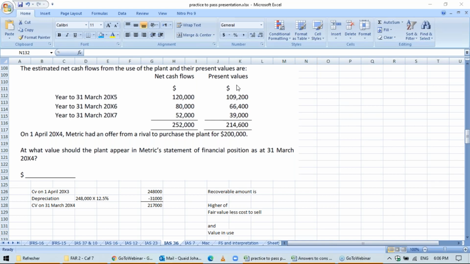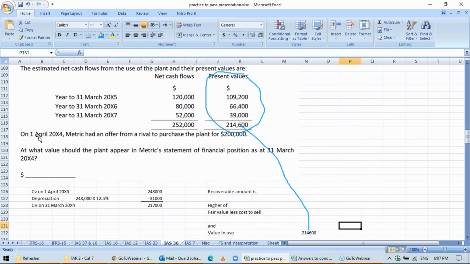See, value in use is the present value of the cash flows that will arise in future by using the asset. So this present value working is showing you the value in use of the asset. So the value in use of the asset is 214,600.